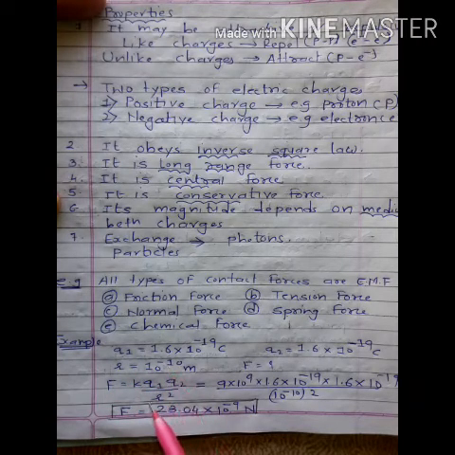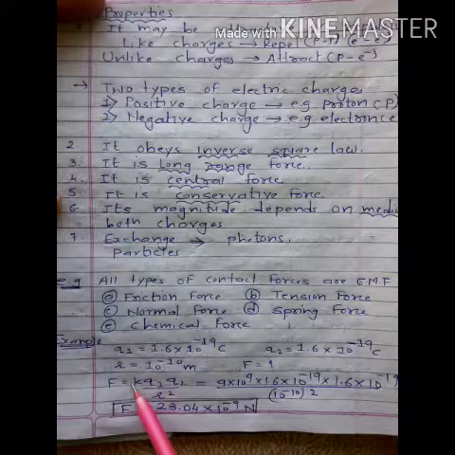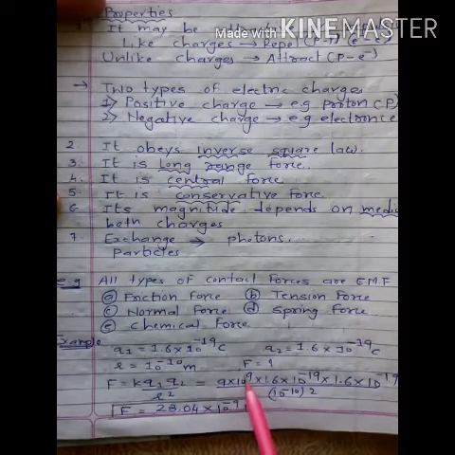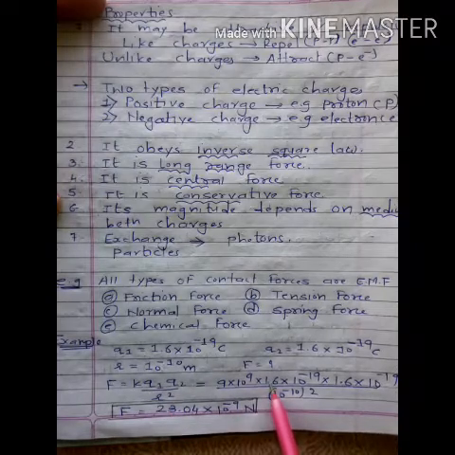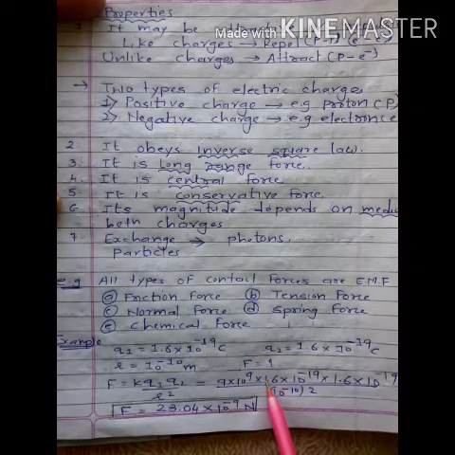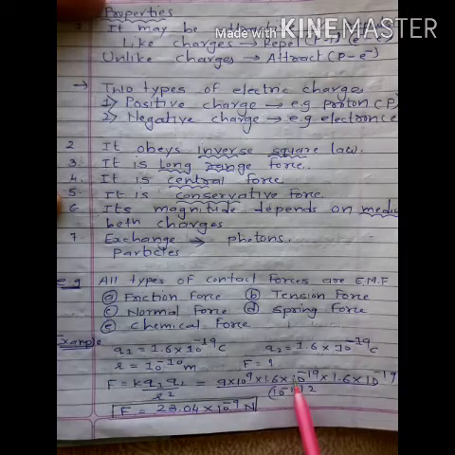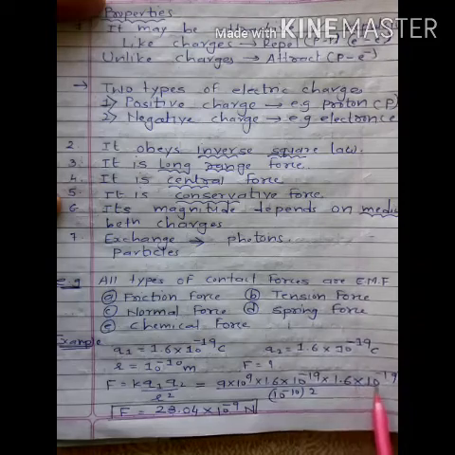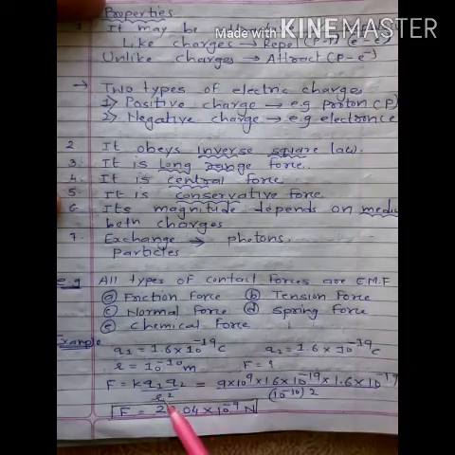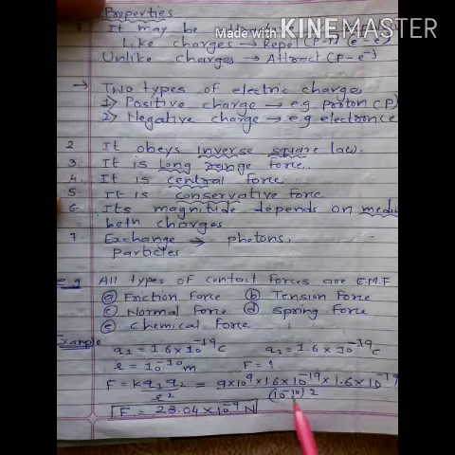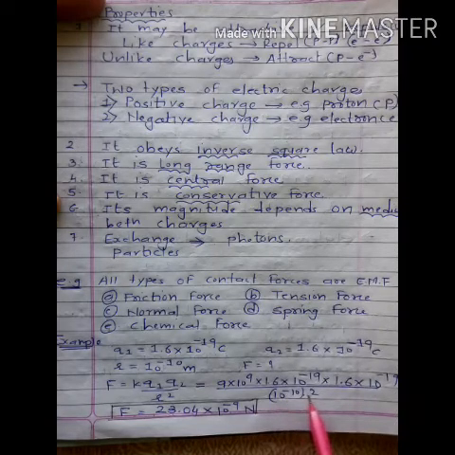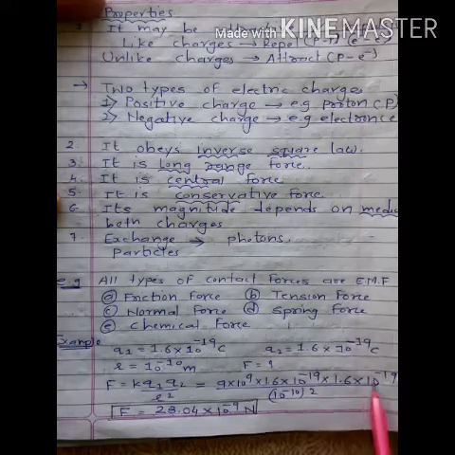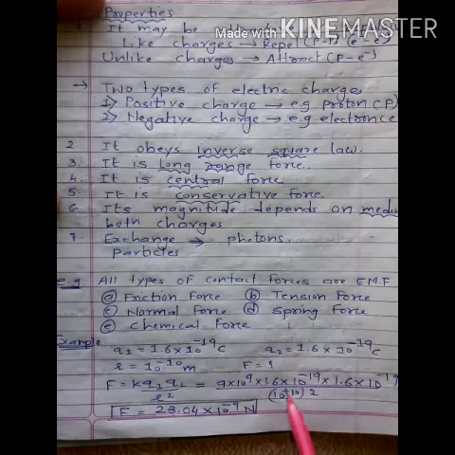Already we discussed this equation. K is called Coulomb constant. Its value is 9 into 10 to the power 9. Q1 is the charge of the first particle, 1.6 into 10 raised to minus 19. Q2 is the charge of the second particle, 1.6 into 10 raised to minus 19, upon R square. R means 10 raised to minus 10. So 10 raised to minus 10 whole square becomes 10 to the power minus 20. Clear? Now find the solution of this example.